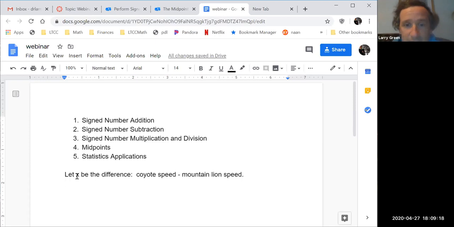Yeah, it means the mountain lion is faster, okay? Which might be true. Again, I don't know. So please don't say that I told you that this animal's faster. I don't know who's faster. They're both damn fast. They're both faster than me. I know that.